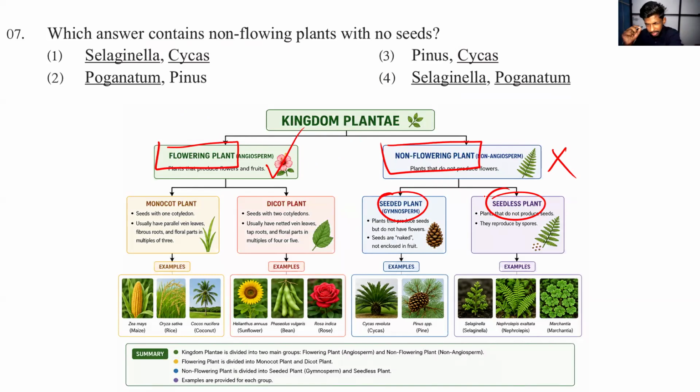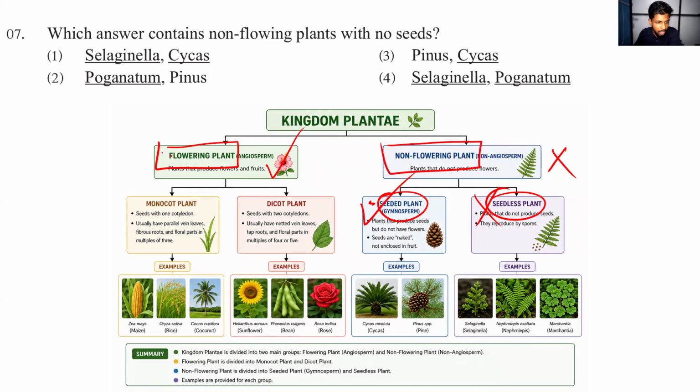So the flowers and the seeds are absent here. And another one, the flowering plant is here.